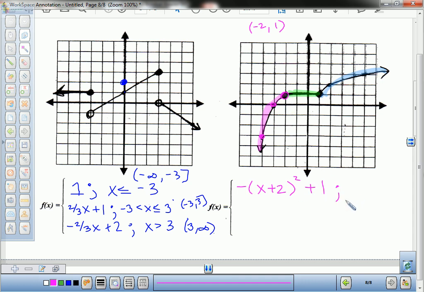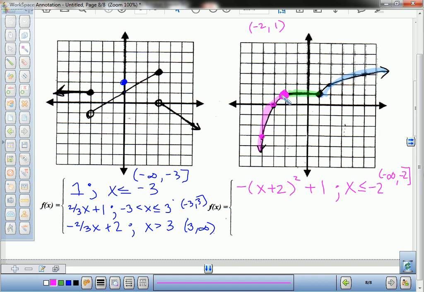Now, we only get to do the left side of this parabola. So it's x values that are less than or equal to, what is this x value right here? Negative 2. Or you could write it as the interval from negative infinity to negative 2. Now, I'm choosing to include that point with the parabola.